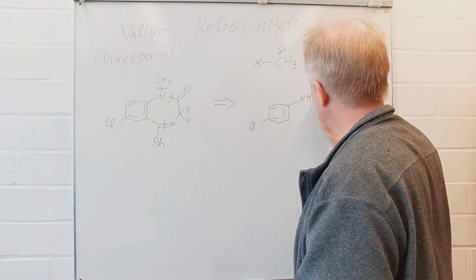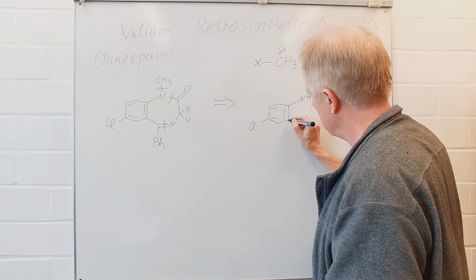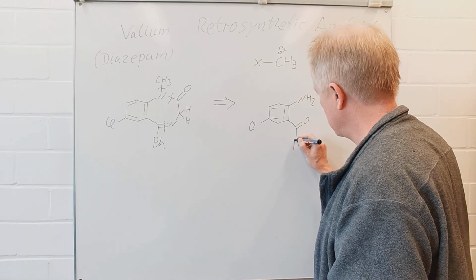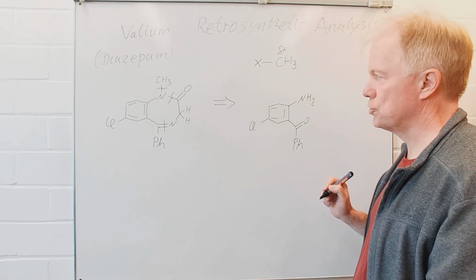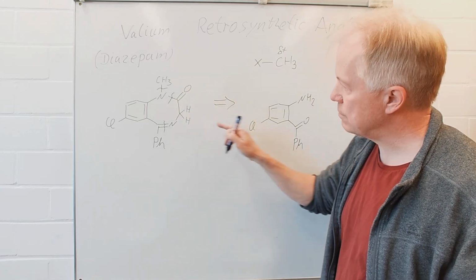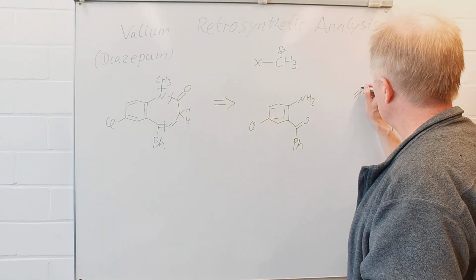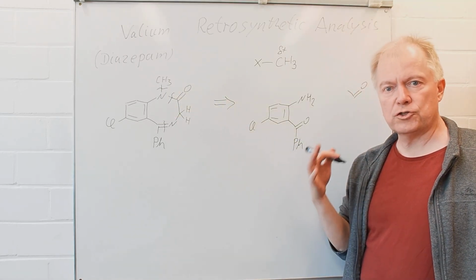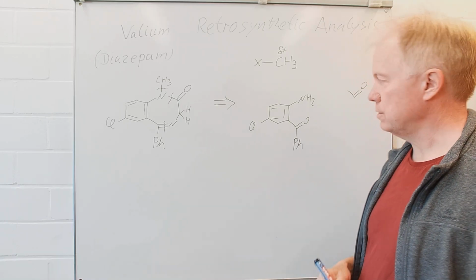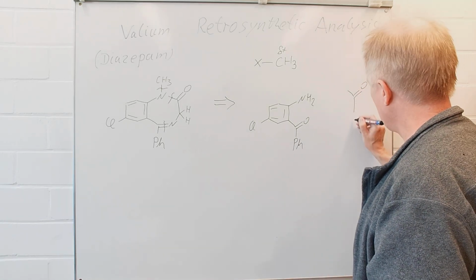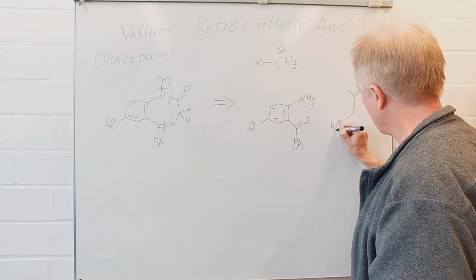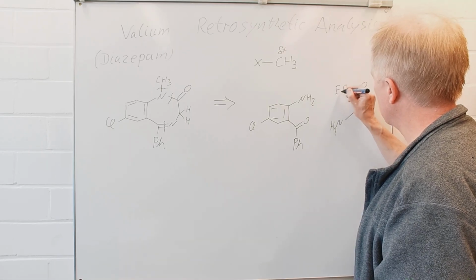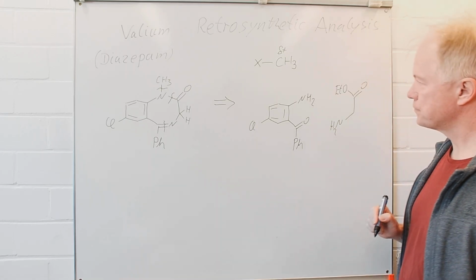Here we have an aniline with an acyl group in ortho position, and that part, well, there is certainly a glycine derivative. For instance, we could use a glycine ester.